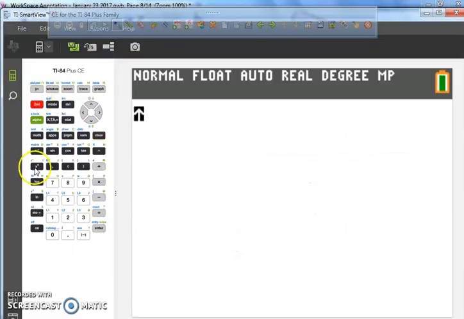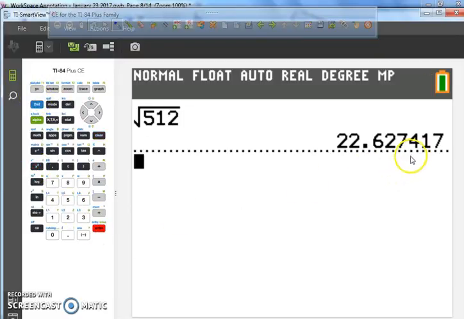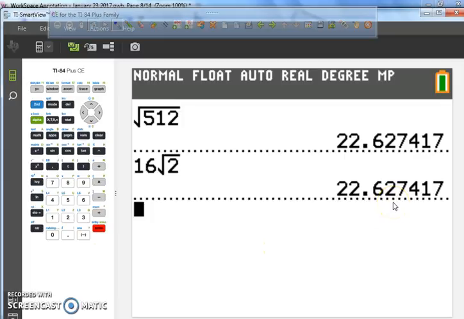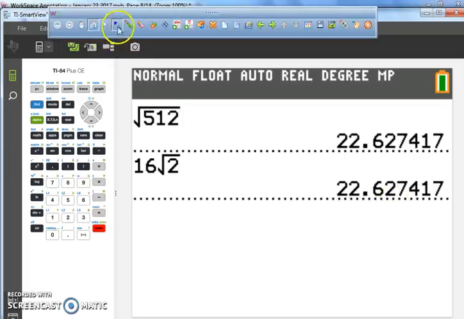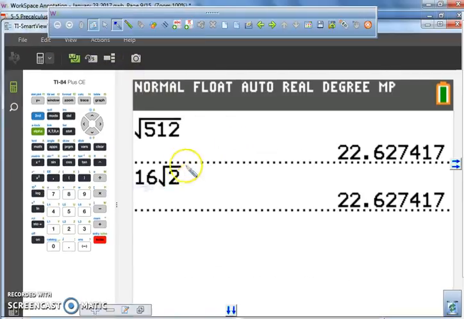So if I wrote square root of 512, this is the decimal equivalent that you get. If I type in 16 radical 2, press enter, do you see how they're the same approximate answer? When you move on to college and they ask you to keep your answers in simplified form, this is the most simplified that you can get.